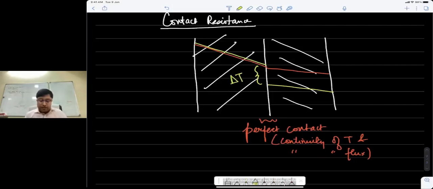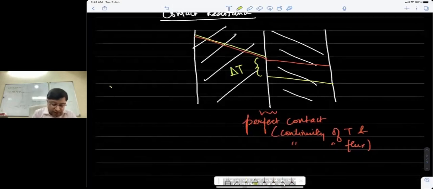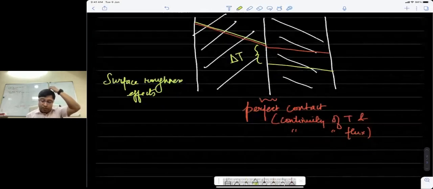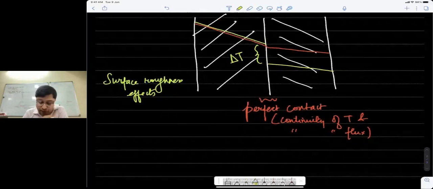So why does this happen? This happens principally due to surface roughness effects. Surfaces are rough, and so they don't get a perfect contact when you put them together.